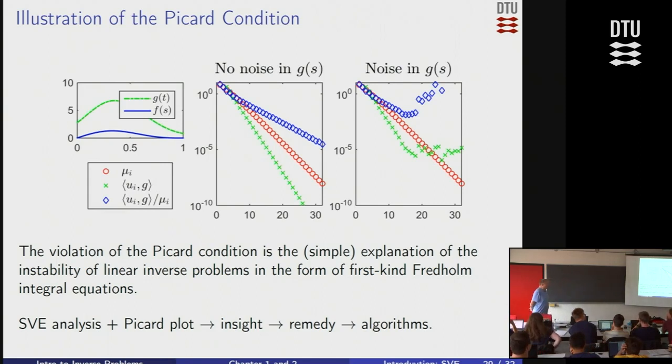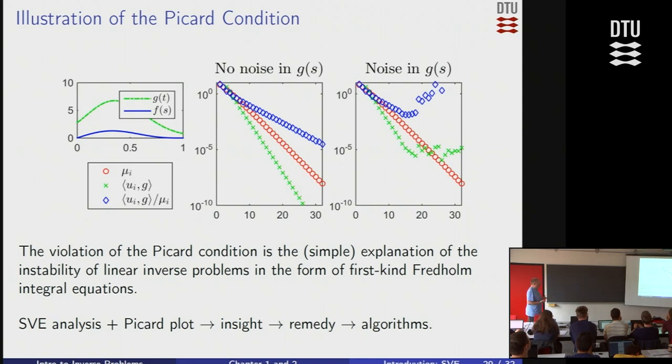Okay? But you see, all those difficulties that we encounter when we solve the problem on a computer can be related to something very, very fundamental about the integral equation itself, and we can express that in terms of the singular value expansion. Right, we can do the singular value analysis, and once we have done that, we can plot these quantities here. That's what I call a Picard plot.